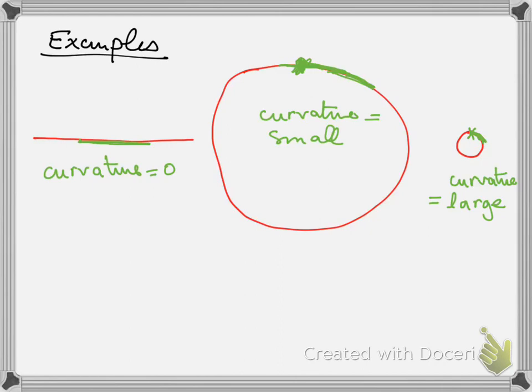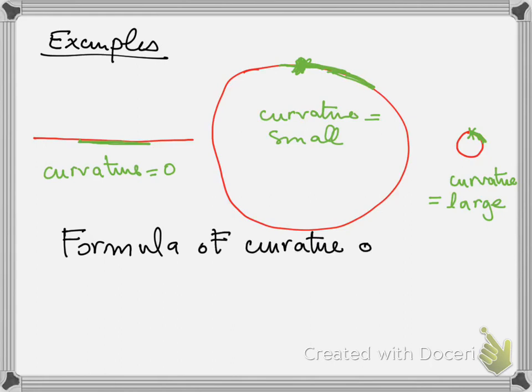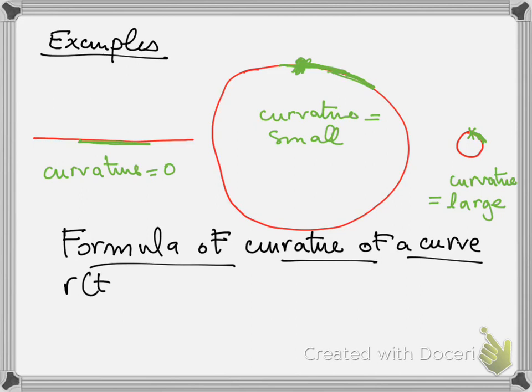Now, how do we compute the curvature? We have a formula for that: the formula of the curvature of a curve. Let's say you have a curve r of t.